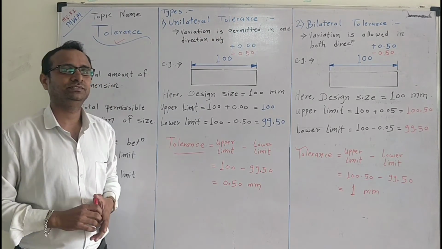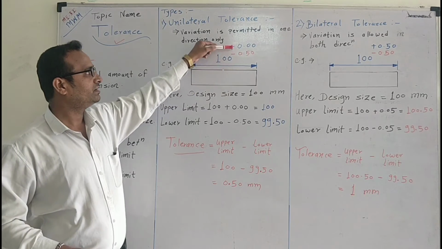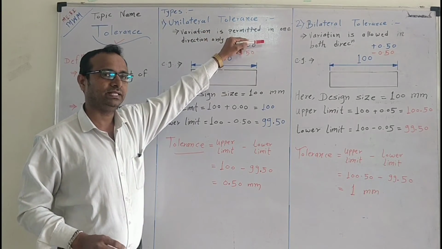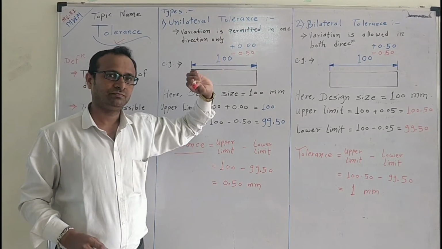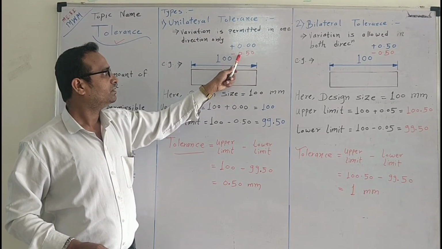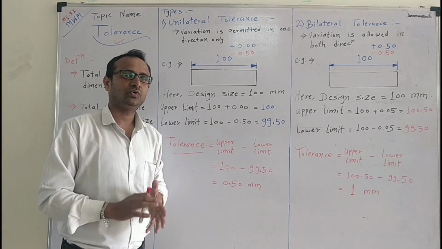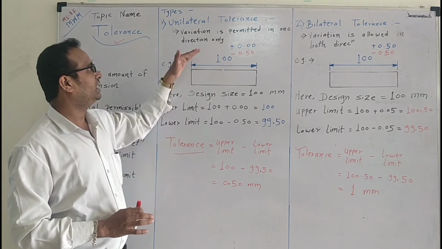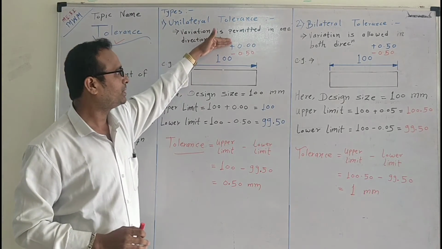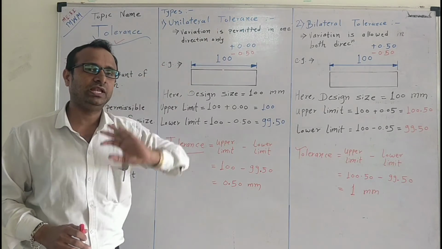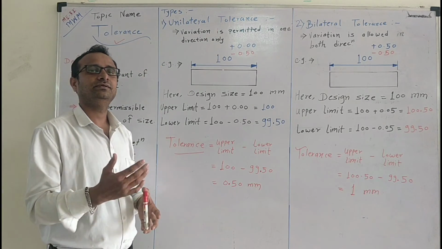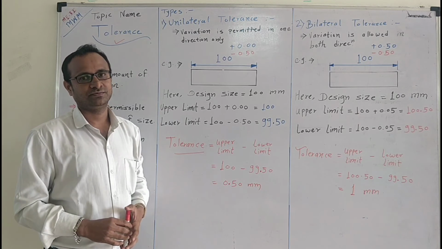In some examples, this value may be given at the upper side, that means plus 0.50, and at the lower side minus 0.00. This also we consider as unilateral tolerance. Either upper side or lower side, if some value is provided on one side only, then it is unilateral tolerance.